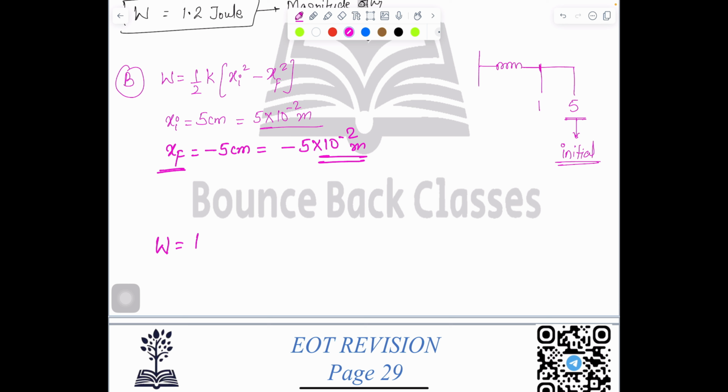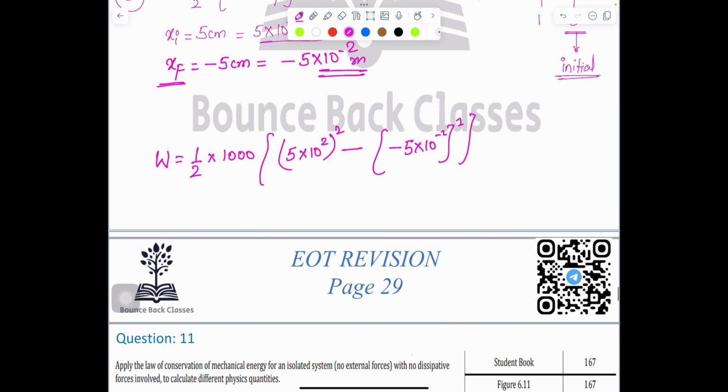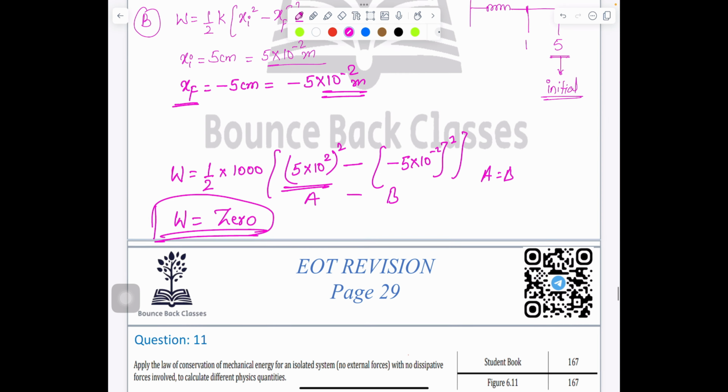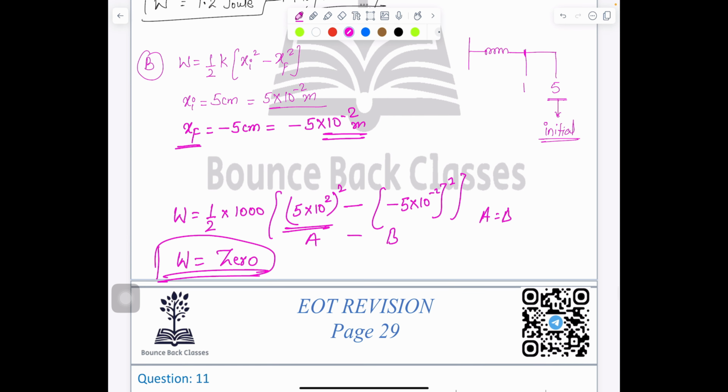Work done is equal to half K, I already solved, 1000, times 5 multiplied by 10 raised to power negative 2 squared minus bracket minus 5 multiplied by 10 raised to power negative 2 squared. So both are the same, A minus B, and A equals B. So the work done is equal to 0, because the positions are exactly equal and the same.